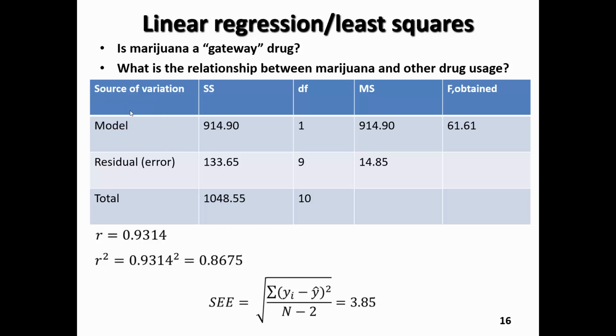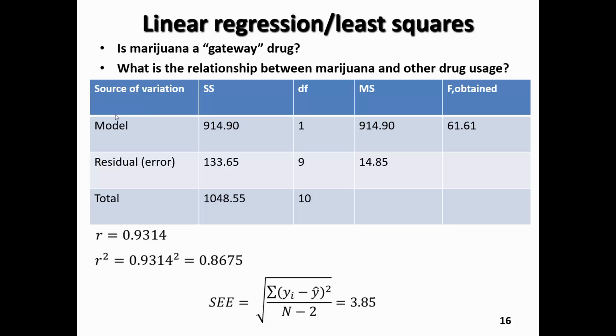On the left-hand side, we see the different sources of variation. If we assume the model is deterministic and perfect, this is the source of variation of the model itself. The reality, since we're dealing with real data, will give rise to variation due to the residual term that cannot be accounted for.